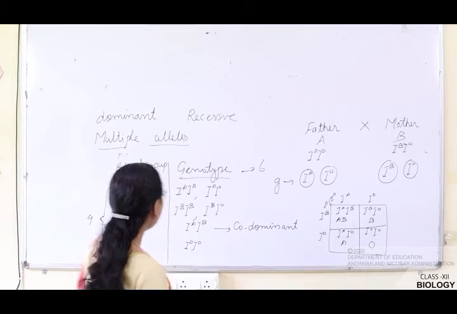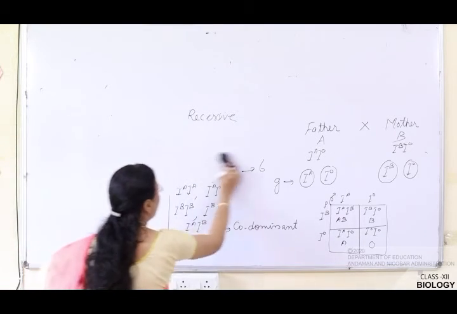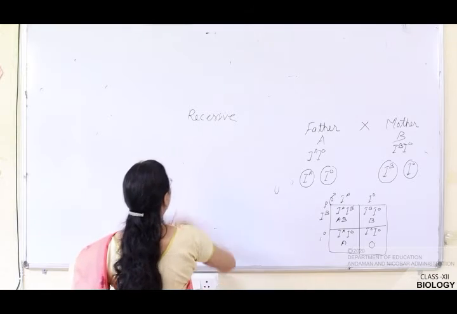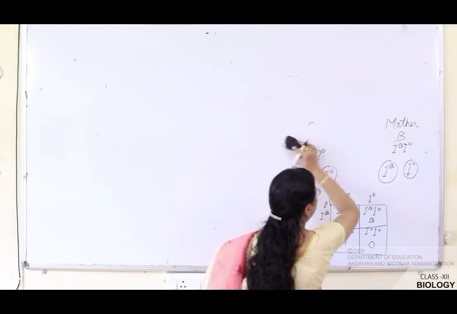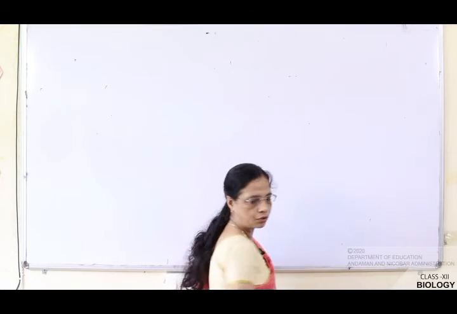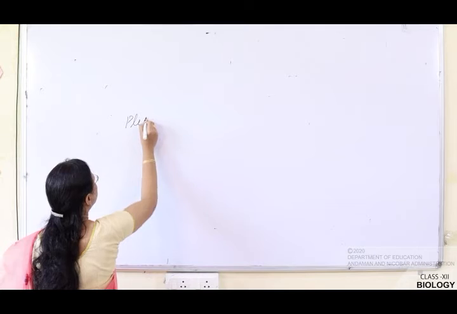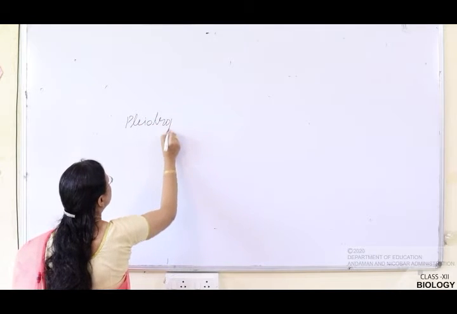Now, up till now what we have studied is that one gene is responsible for one character. There is a gene which is known as pleiotropic.